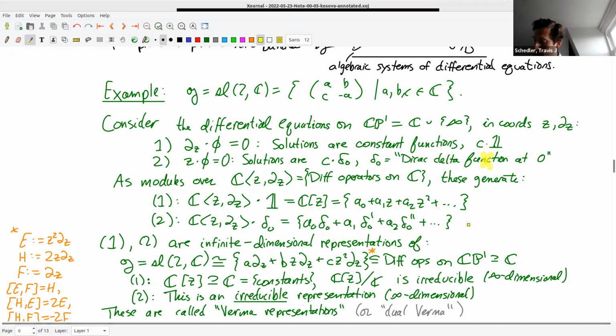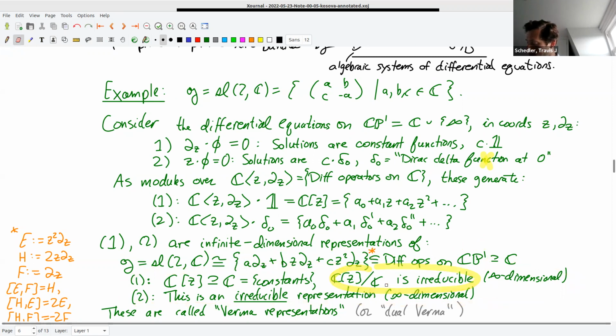Now I'm just going to say that instead of differential operators, we can view SL2C as living inside differential operators as the differential operators of order exactly 1. We just have a del z, which are well defined on the whole Riemann sphere, the complex projective line. And then these give you very famous irreducible representations called Verma modules or Verma representations. The first one is reducible. It has the constants inside. The quotient is irreducible, though.